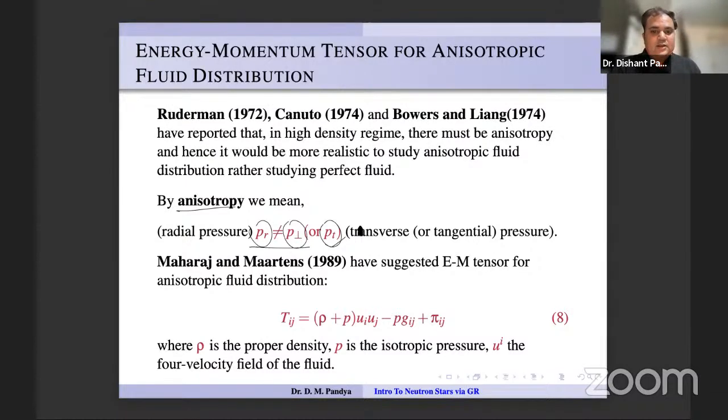Maharaj and Maartens in 1989, you can see the difference here. Even to devise Einstein's field equations and the energy momentum tensor equivalently for anisotropic fluid distributions, it took around 15 years.